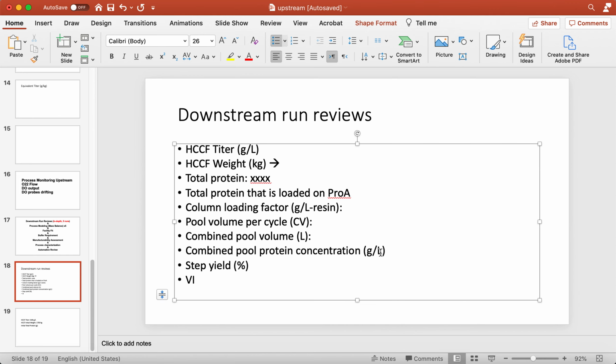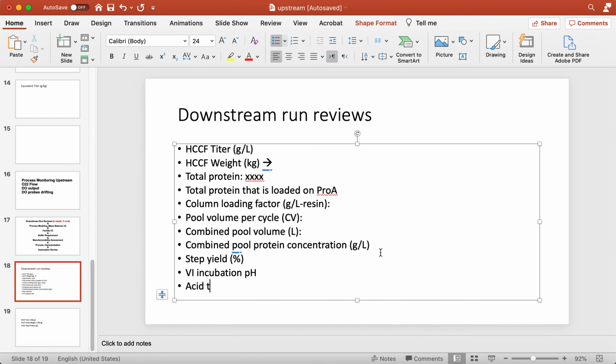Then you have VI incubation pH, acid titrant ratio.